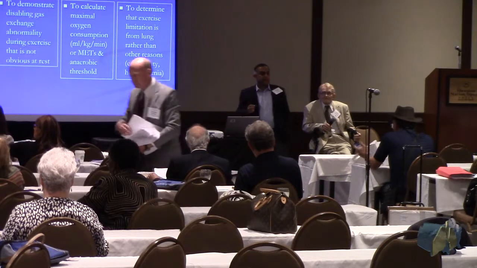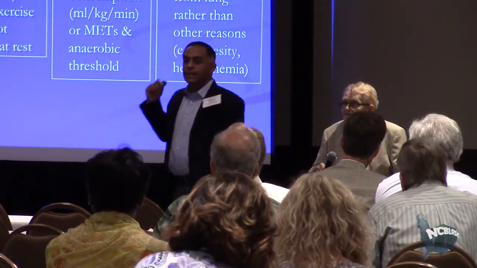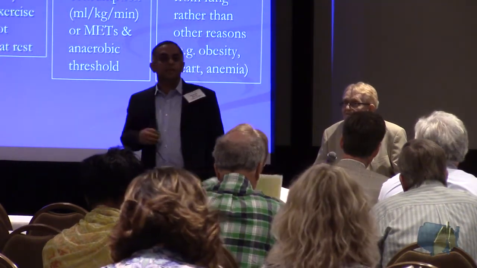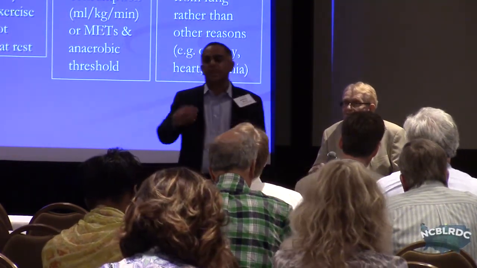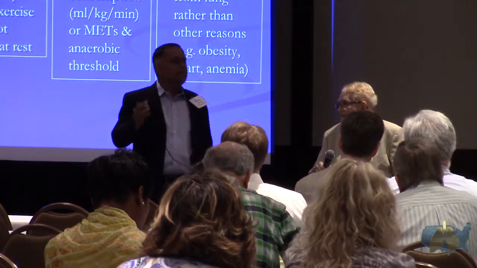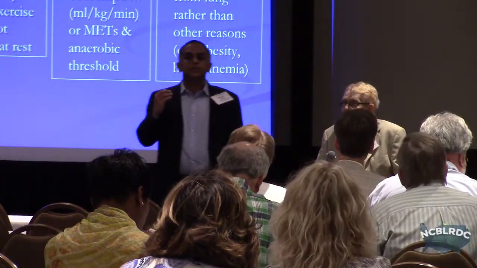To calculate the maximal oxygen consumption, and that's measured in milliliters per kilogram per minute, or it can be translated into METs of activity. MET stands for metabolic equivalence. And then it can also be used to determine what's called anaerobic threshold.